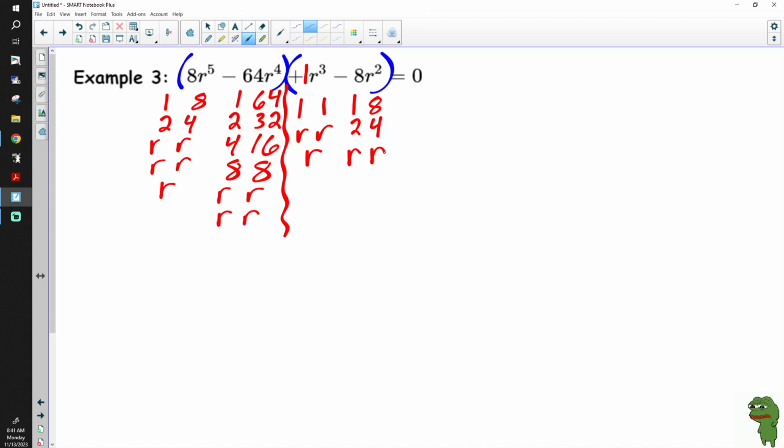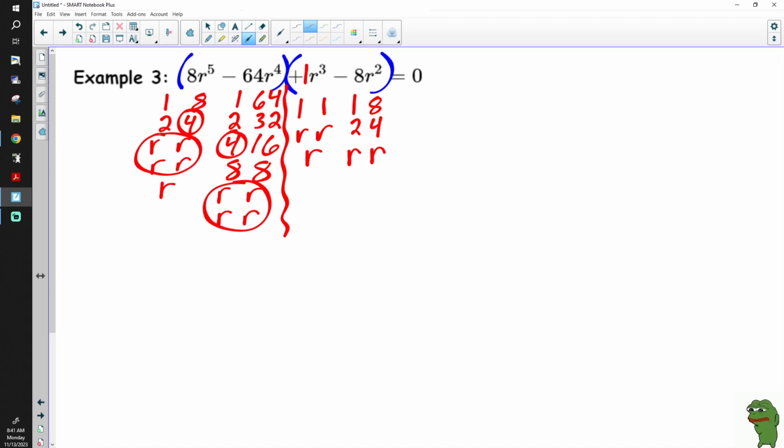I have my factors written out. My first group, 4. How many R's? 4 R's. Greatest common factor is 4. And I can take 4 R's.